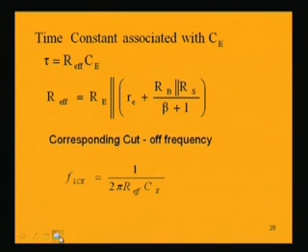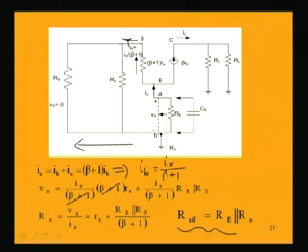So, now we can easily find out the time constant associated with that capacitance Ce, which is R effective and Ce. R effective we have just now found out to be equal to Re parallel this component. Because we have found out R naught, but exactly what will be the effective resistance across this capacitance? It is Re parallel R naught.